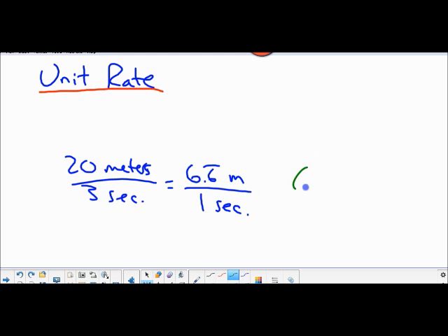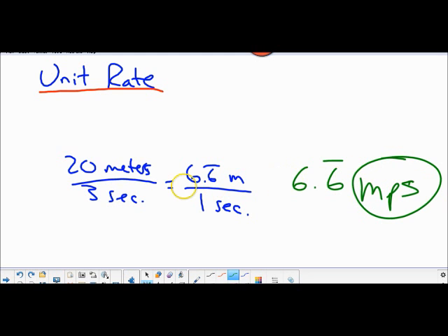And a unit rate I can write in one line, 6.6 repeating meters per second, without the fraction if I phrase it that way and use meters per second.